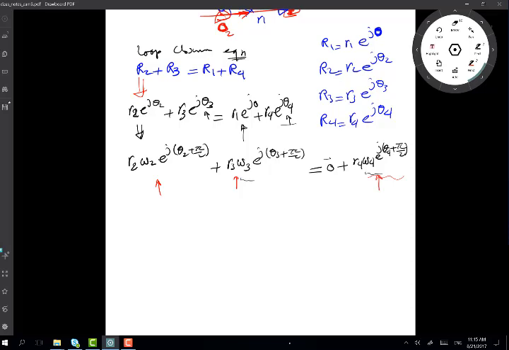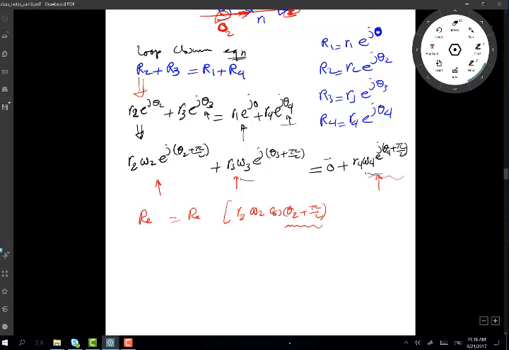The way I'm going to do that is by expanding my terms into real and imaginary parts. Real on one side is equal to real on the other side. So for the real part, I have R2 omega 2 cosine of theta 2 plus pi over 2. That's real, correct? Cosine of theta plus pi over 2 is equal to negative sine.